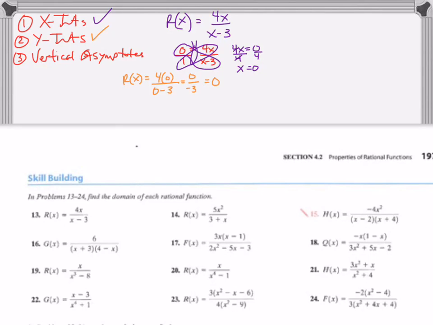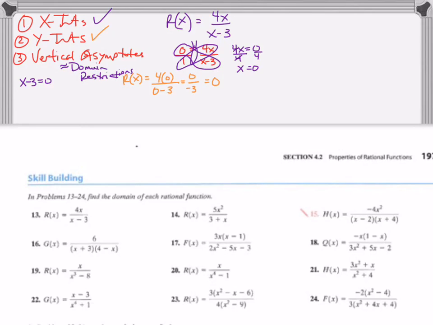Because I don't care if the numerator is 0, that's fine. But the denominator being 0 is my issue. So for vertical asymptotes, I want you to think of it like I'm finding domain, or my domain restrictions, if you will. So I'm just going to set the bottom, x minus 3, equal to 0.